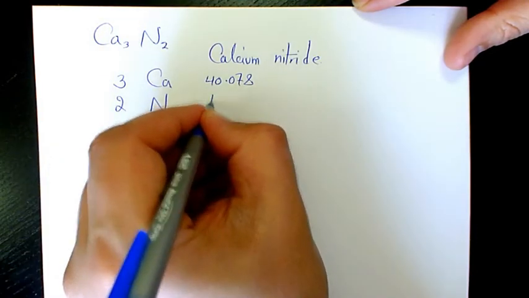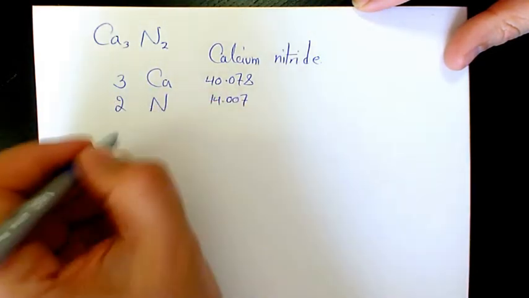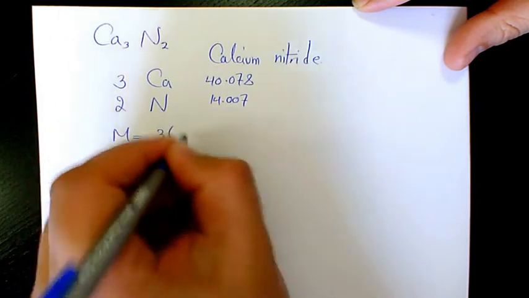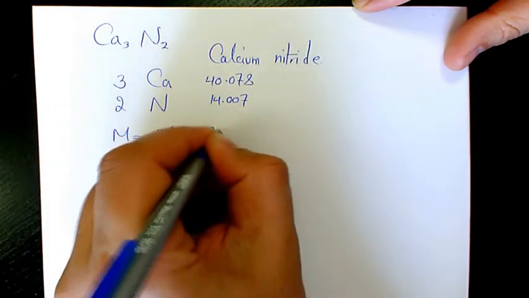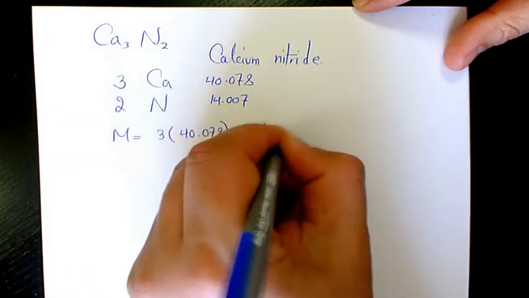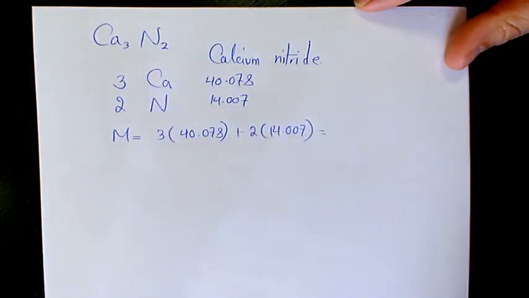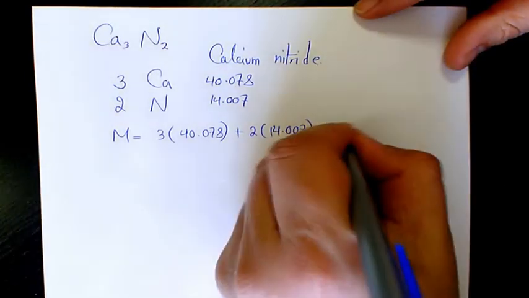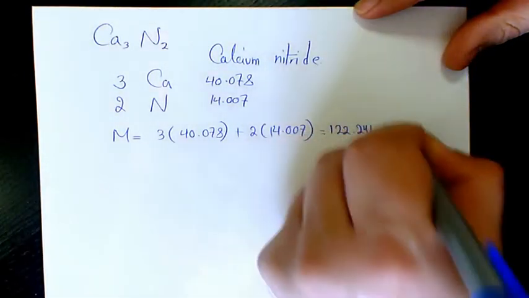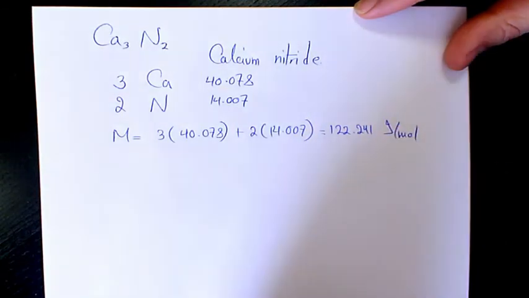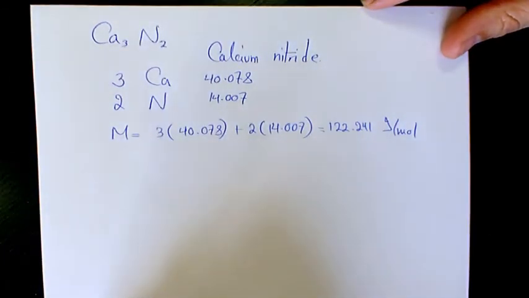Nitrogen is 14.007. So we have 3 times 40.078 plus 2 times 14.007. It's going to be 122.241 grams per mole. That's calcium nitride.